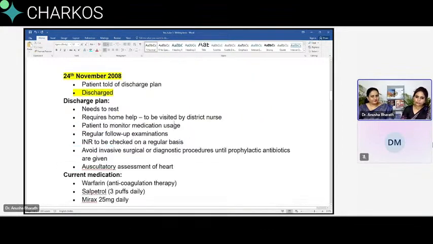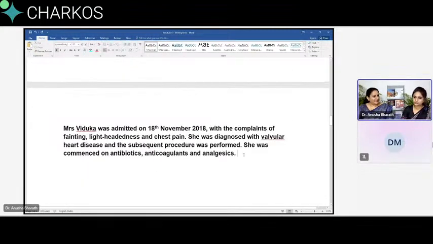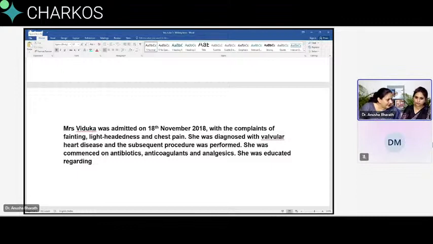Can we just say that she received education, or can we say she was educated? She was educated. Okay. She was educated regarding causes and preventions of infections.